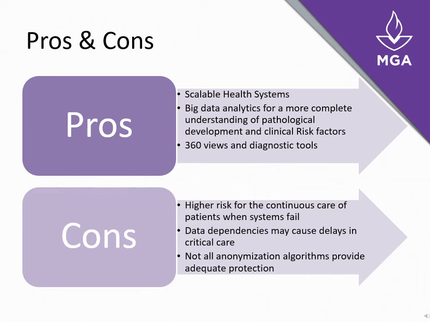So some of the pros to having data security in place and being able to quickly and accurately ascertain that information and develop those security standards and collate that data includes the scalability of health systems, right?